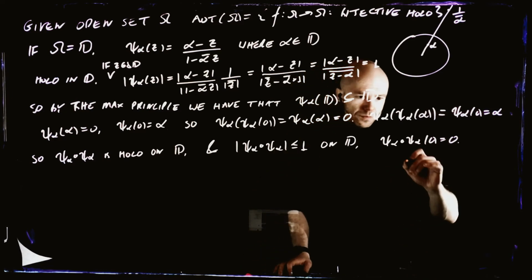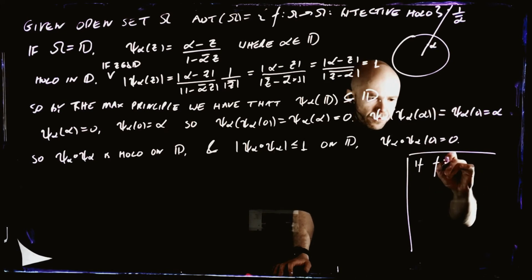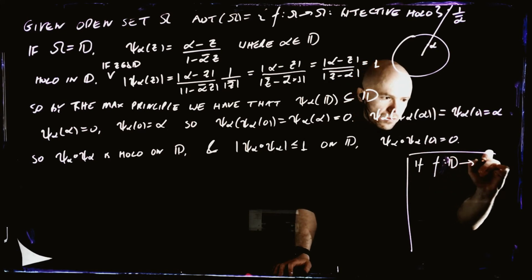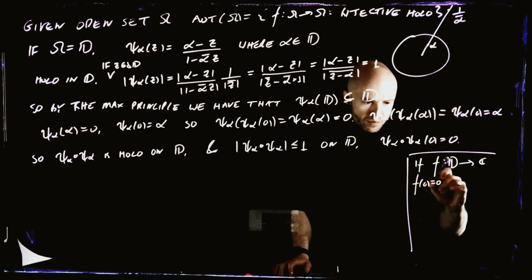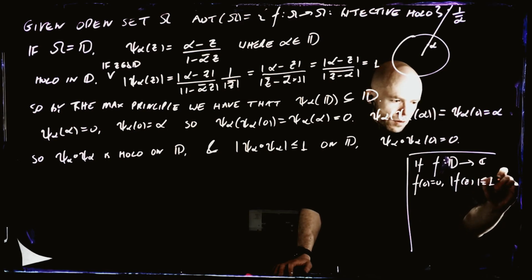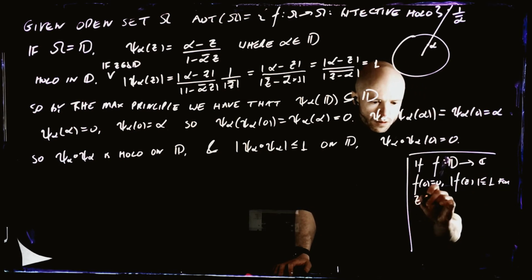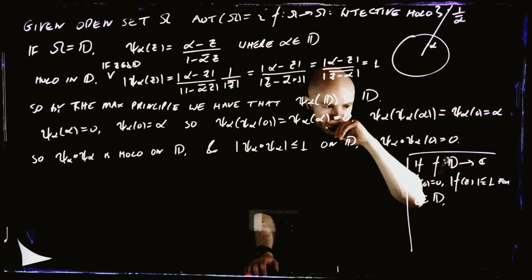So if f of z, well, what cool things did we have for such mappings?